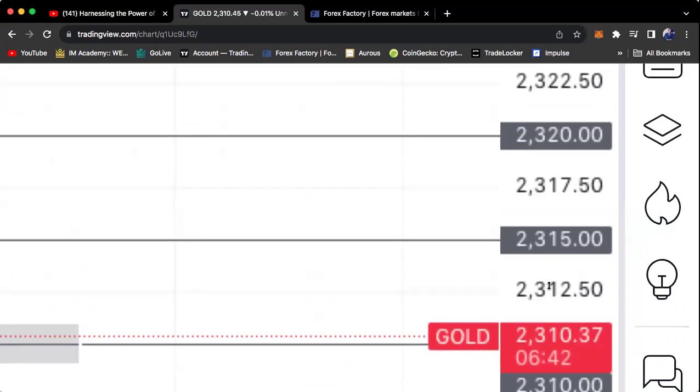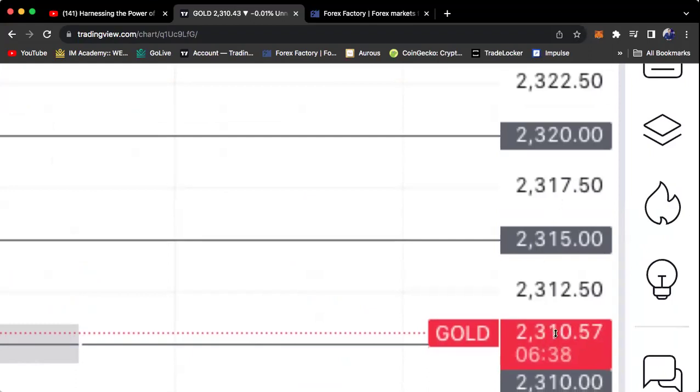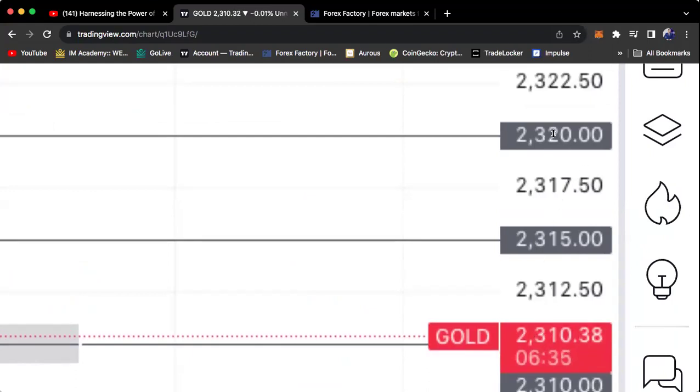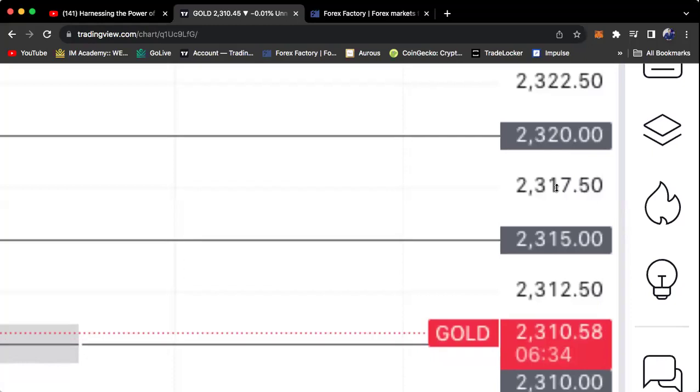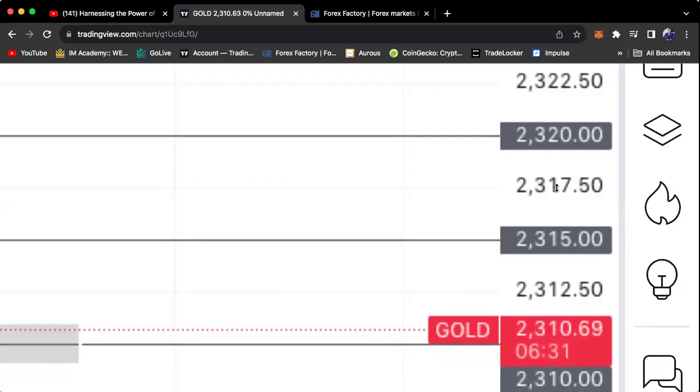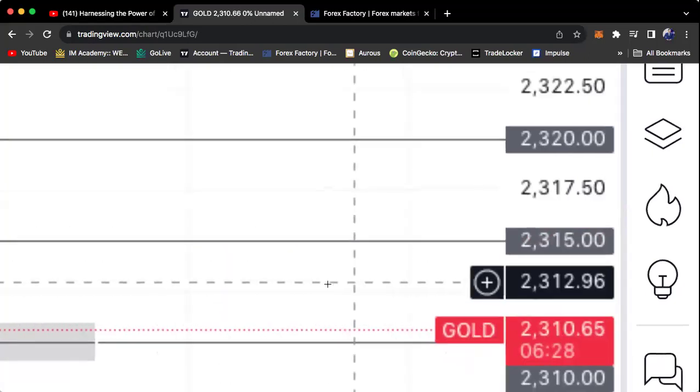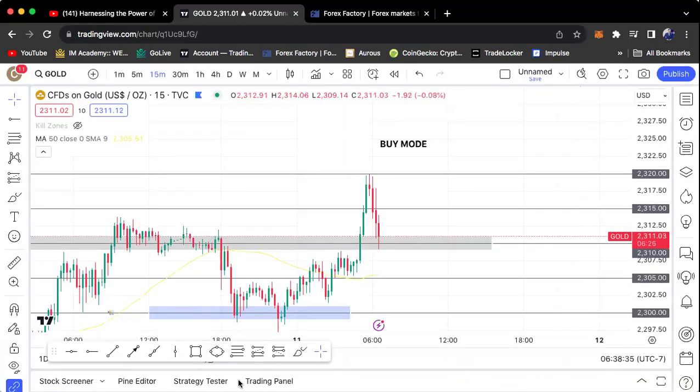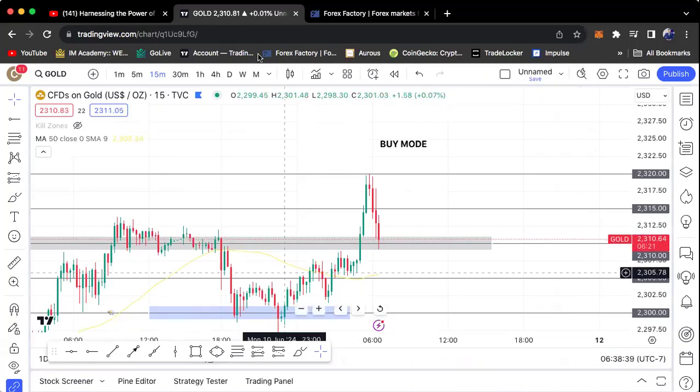Does that make sense? So that's how you read the price here with gold. If price goes up from 23.10 to 23.20, that's a total of 100 pips that you can catch. Now, catching 100 pips a day, that's really good.